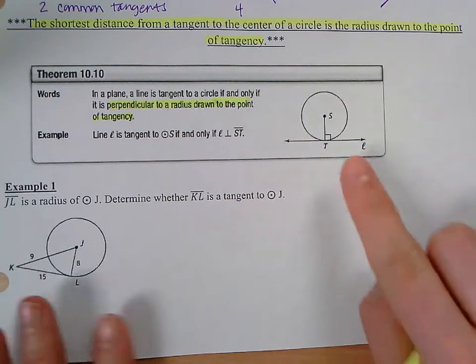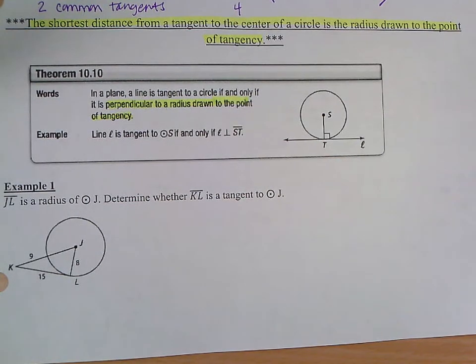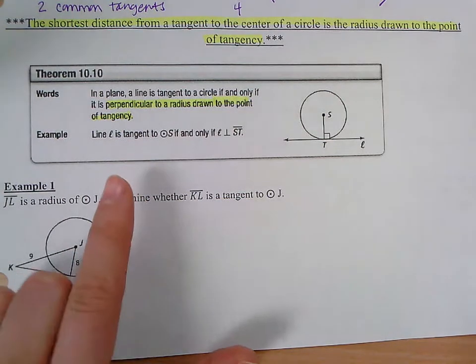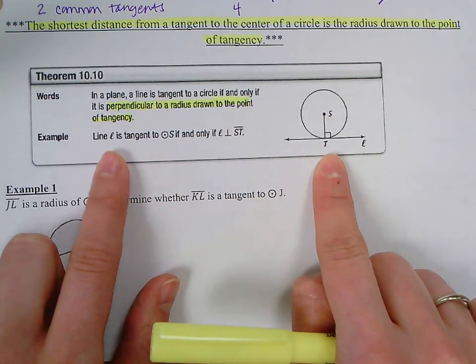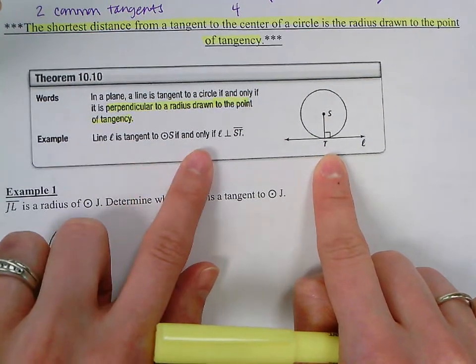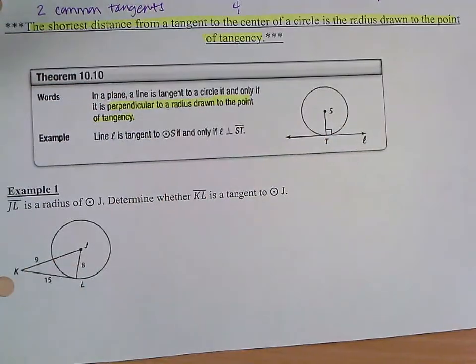So a line is tangent to a circle if and only if it's perpendicular to a radius drawn to the point of tangency. So as an example, line L is tangent to circle S if and only if L and ST are perpendicular to each other.